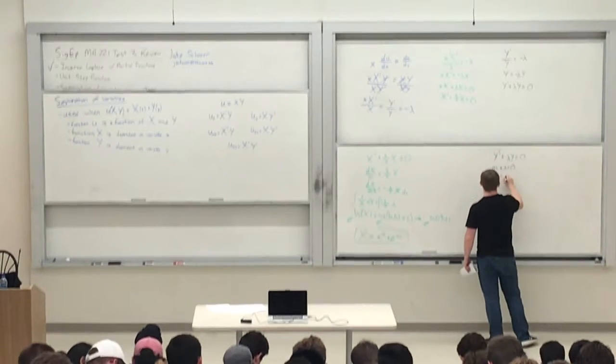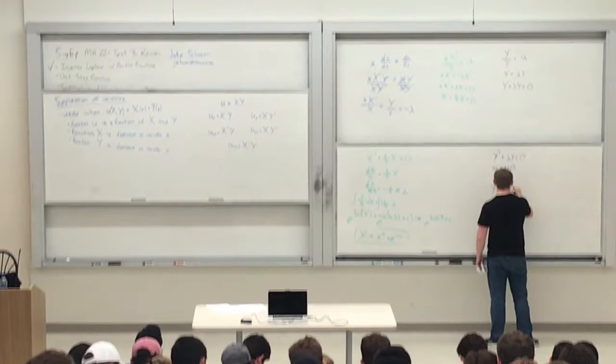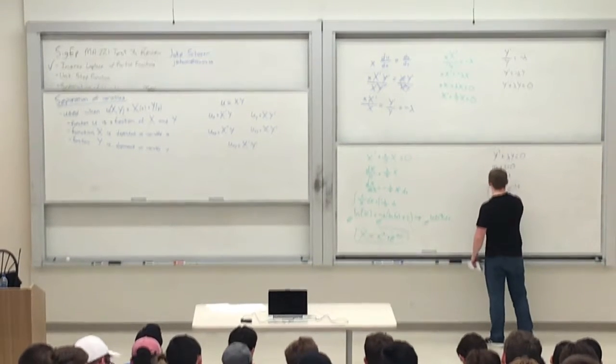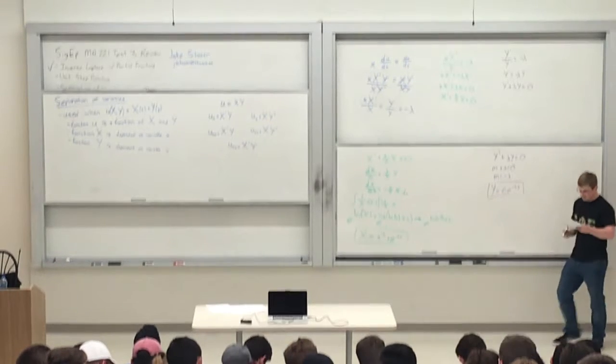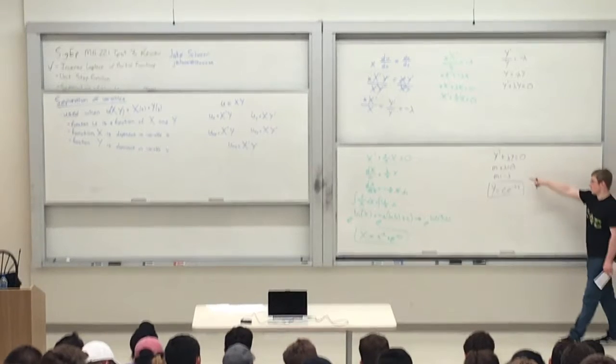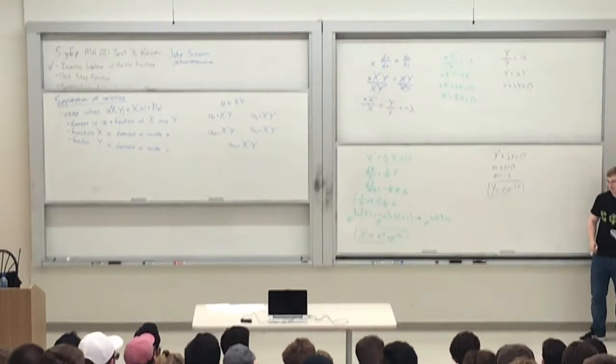Therefore, I know m is equal to negative lambda, and my capital Y is equal to c e to the negative lambda lowercase y. Does that make sense? That's just the auxiliary equation, plugging in my exponent, there we go.